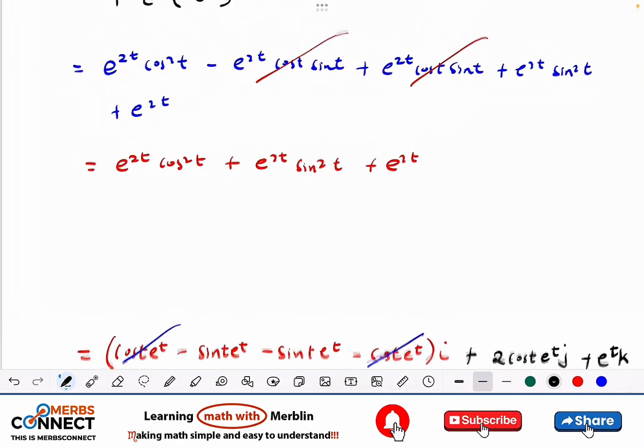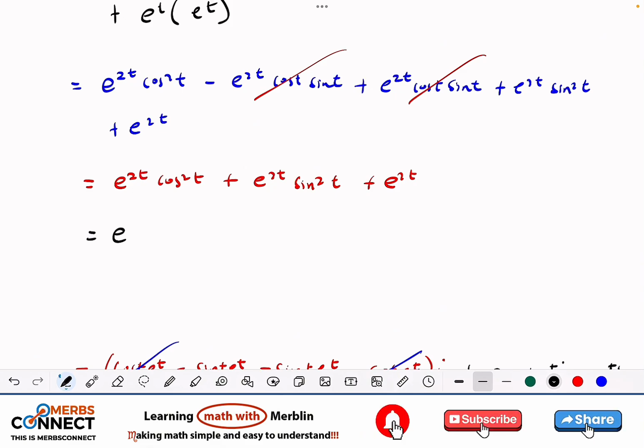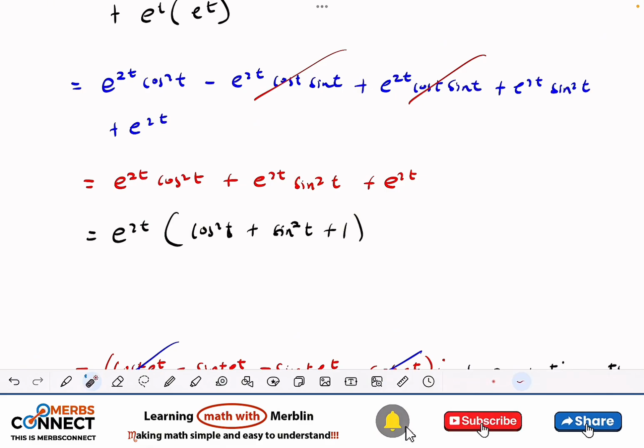And then we can factor this, this, and this out. So when I do that, I'm going to have e to the power 2t, and this will be left with cos squared t plus sin squared t plus 1. So I just factored e to the power 2t out, left with this, this, and 1. Now we know that cos squared plus sin squared is equal to 1.